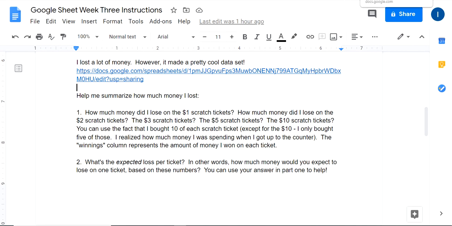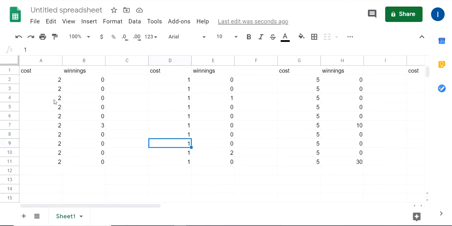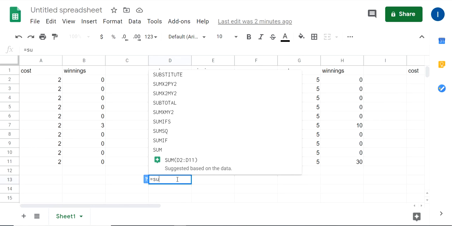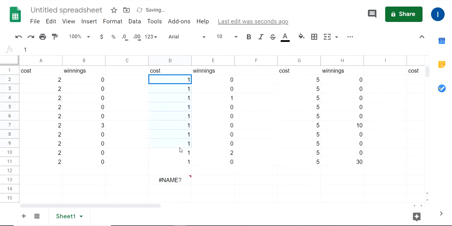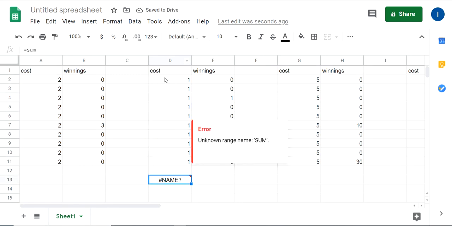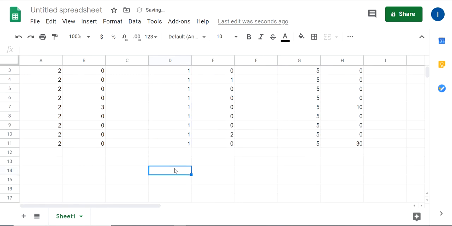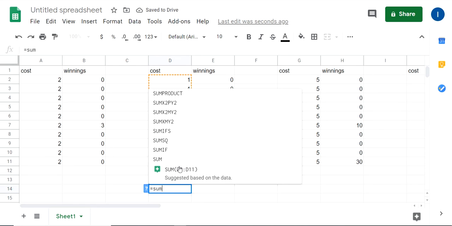In order to do that, well, this is the $1 scratch tickets. It's out of order because of the way we scratched them off. Me and my buddy sat there and scratched them off. We lost a total of, you can type equals sum if you want to be lazy and not think about the other way of doing this math here. Equals sum, parentheses.